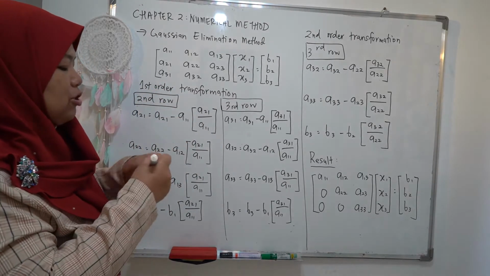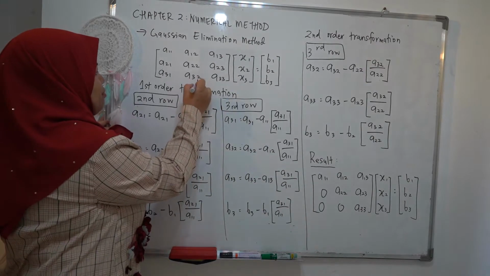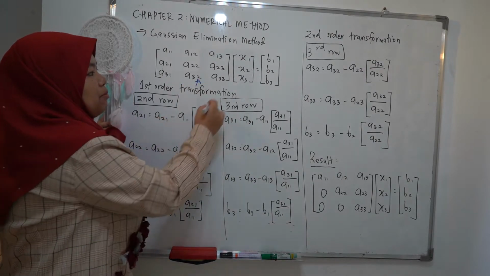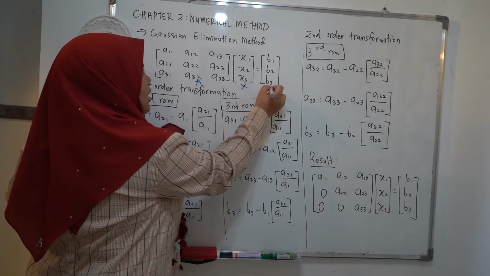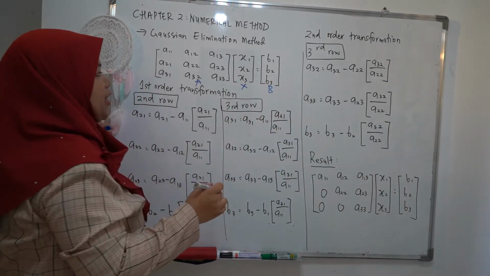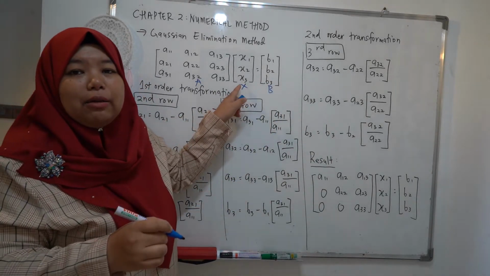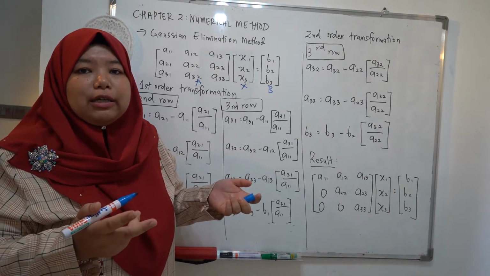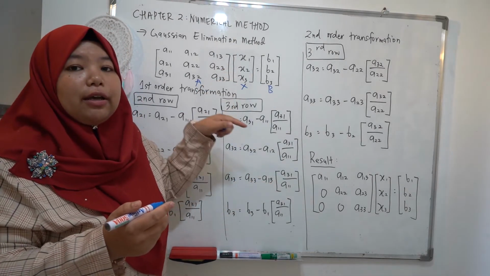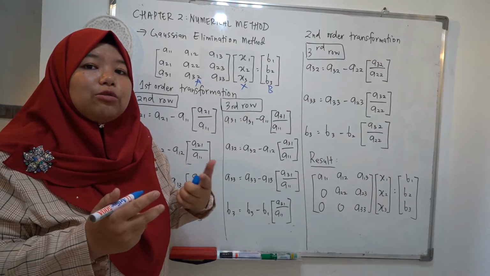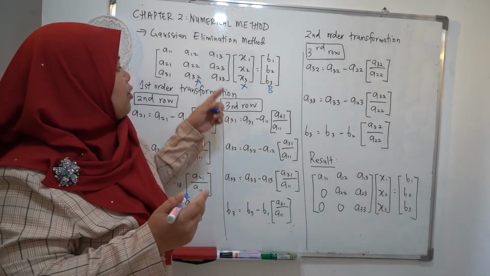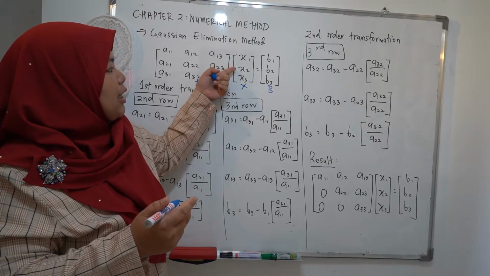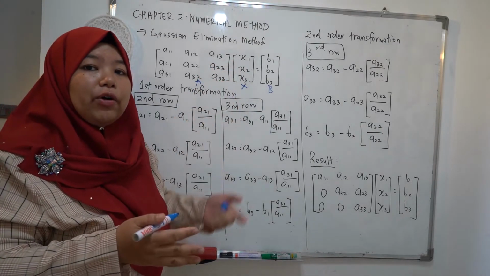We will split it into matrix A, matrix X, and matrix B. For matrix X, it depends on the question. If your question is x, y, z, you write x, y, z. If your question gives you x1, x2, x3, you write x1, x2, x3, and so on.